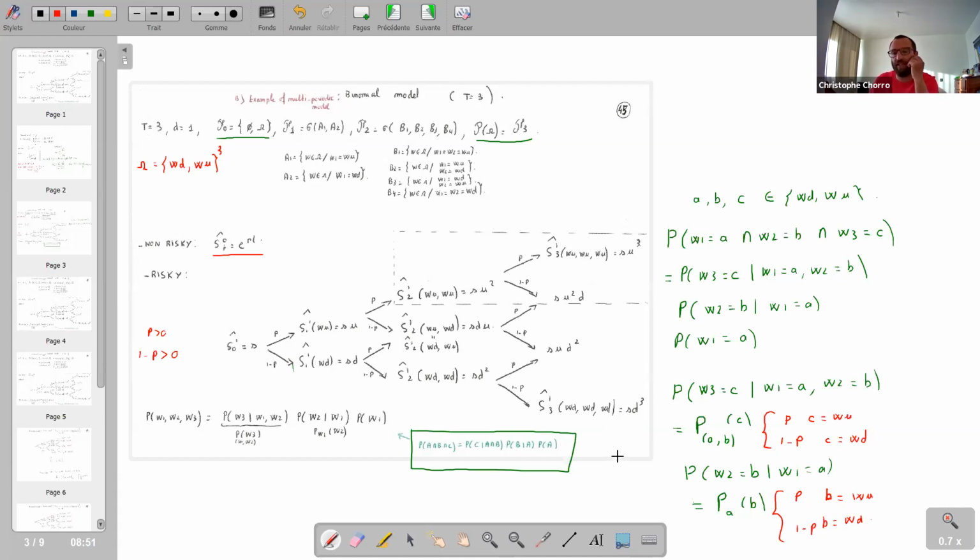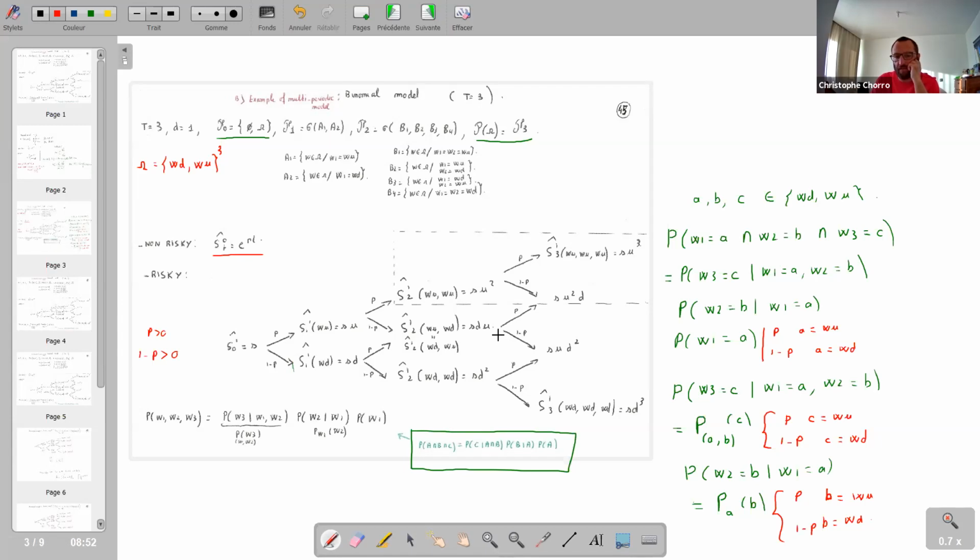And the same for this probability here: P if A is equal to WU, and 1 minus P if A is equal to WD. That's why I have here P, 1 minus P, P, 1 minus P, and so on.